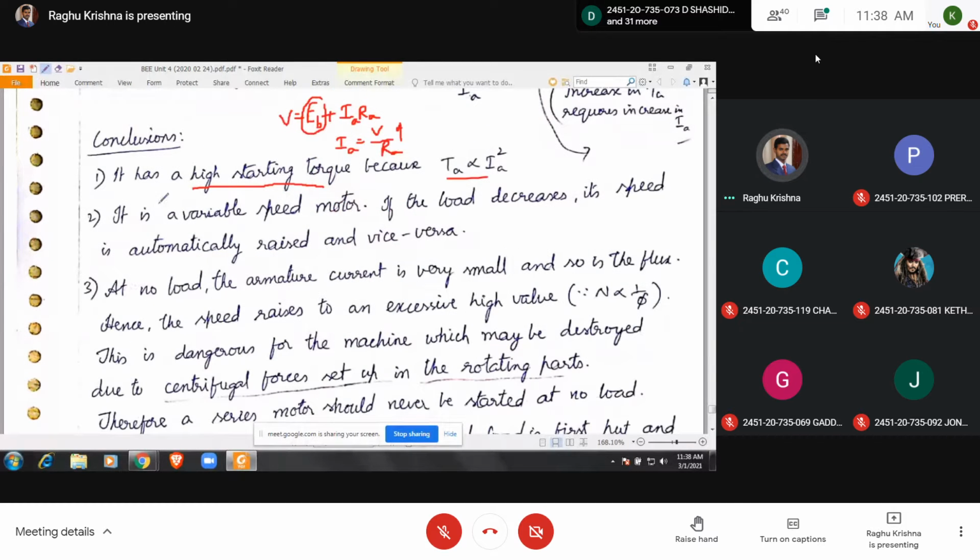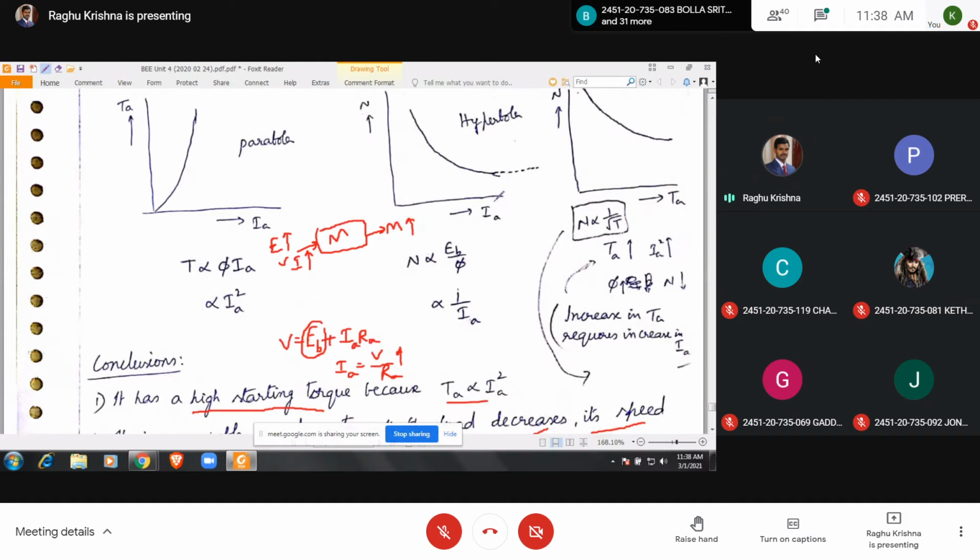So it is a variable speed motor. If the load decreases, its speed is automatically raised, and vice versa. How does this happen? Load decreases means speed increases, according to this curve. Let us take from here to here.